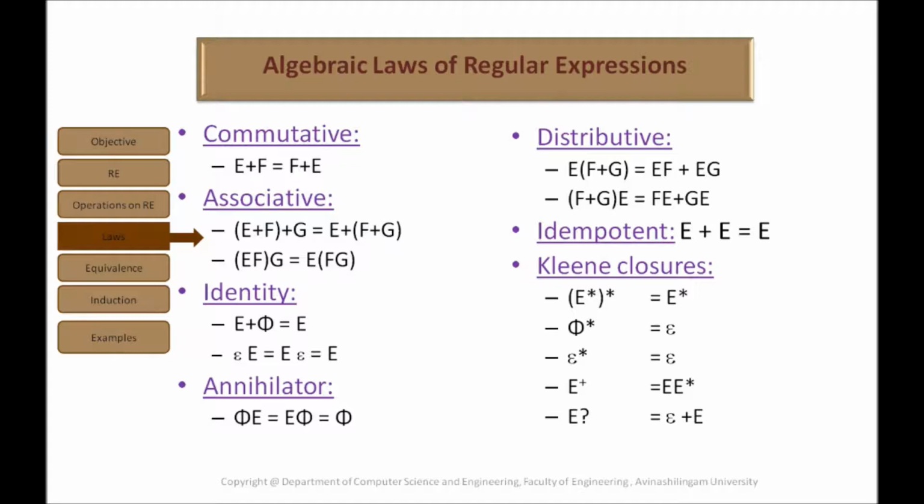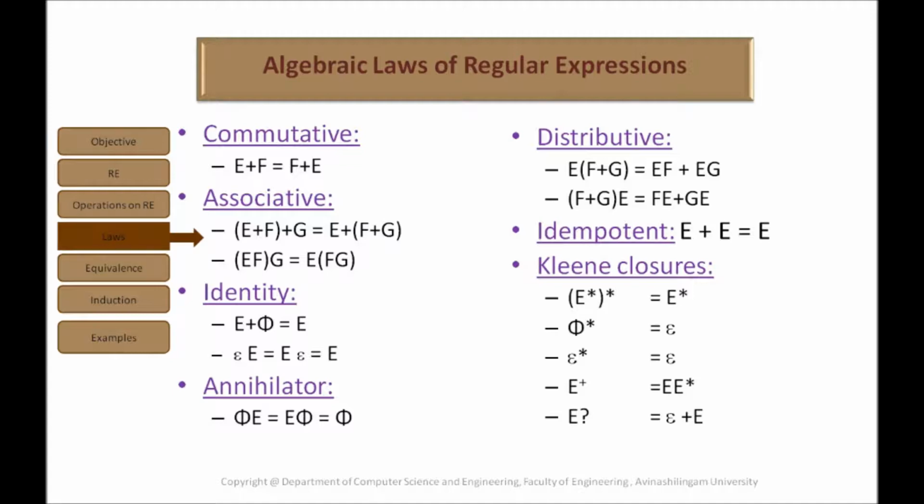Commutative law says if E and F are regular expressions, then E plus F is equal to F plus E. Then associativity law, (E plus F) plus G is also a regular expression, equal to E plus (F plus G). And then (EF) into G is equal to E into (FG).